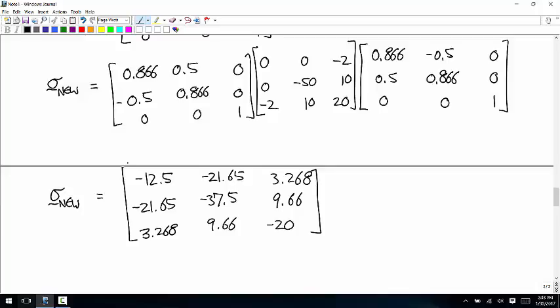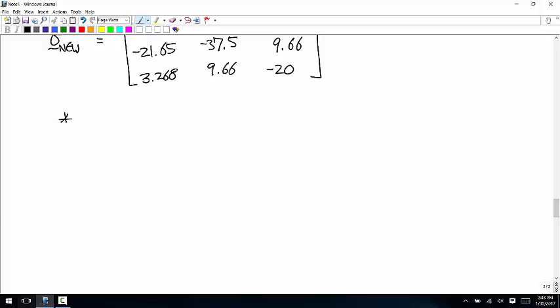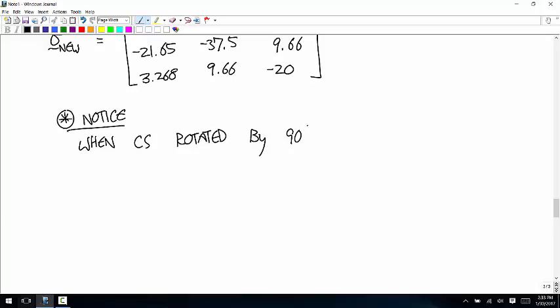Okay, so notice on this one, I'm not going to try to draw the stress cube in that orientation because it's really hard to, but what you should notice here is that when we rotated the coordinate system in multiples of 90-degree angles, so when the coordinate system is rotated by 90 degrees, all the magnitudes of the stress elements stay the same.